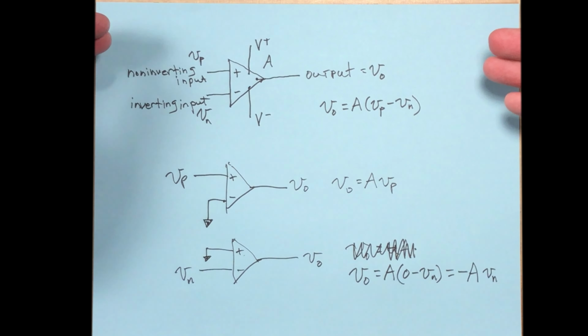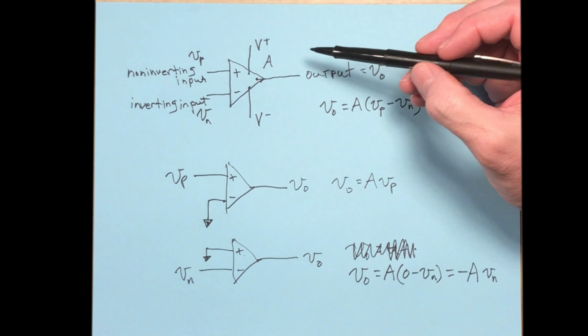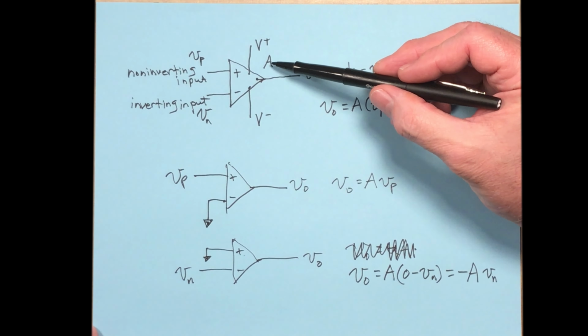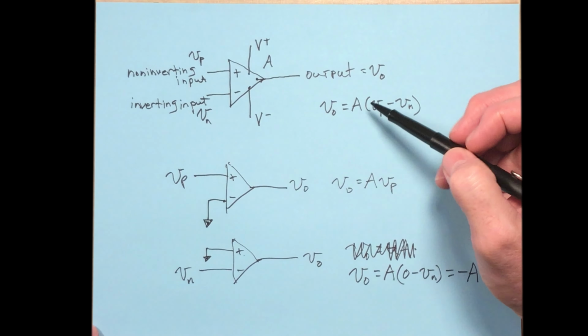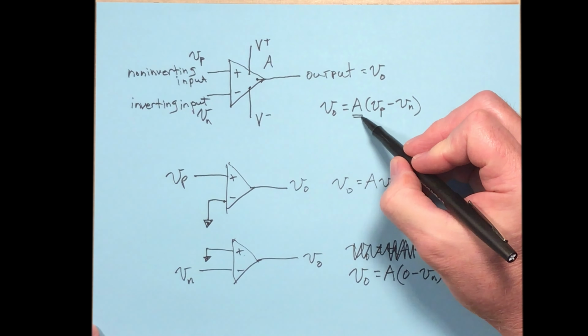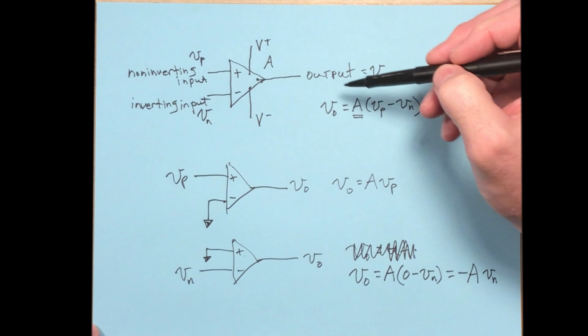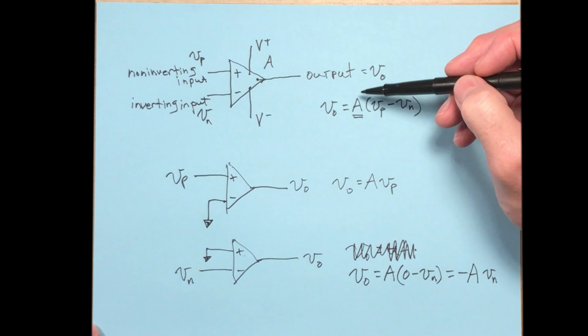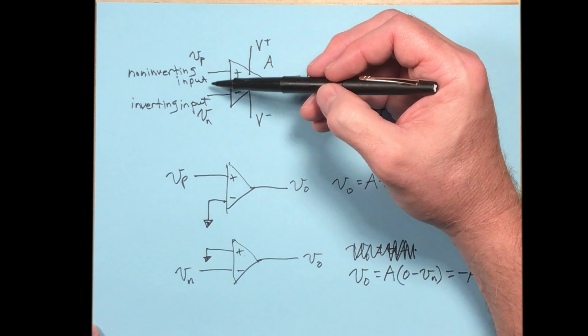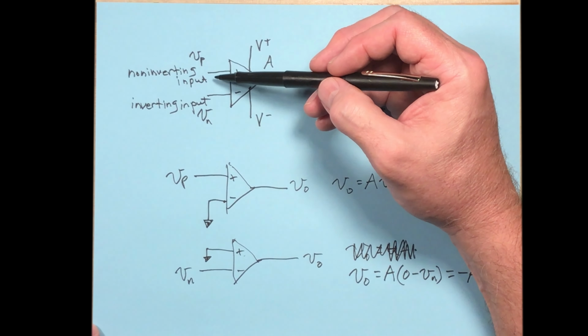Okay, now what we're talking about here is the linear range of an operational amplifier. There are limitations to this. Let me try to explain that. Now, this A value can be very large. And the problem is, if it's very large, then it's possible that the output voltage is much bigger than either of the input voltages.